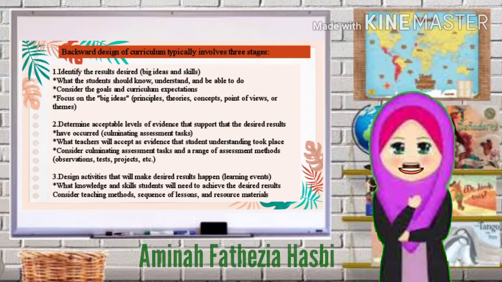And the last, design learning activities that will make the desired result happen. It means what knowledge and skills students will need to achieve the desired result. Consider teaching methods, sequence of lessons, and resource materials. So that's all about the process of backward design part 2. I hope you will understand. Thank you.